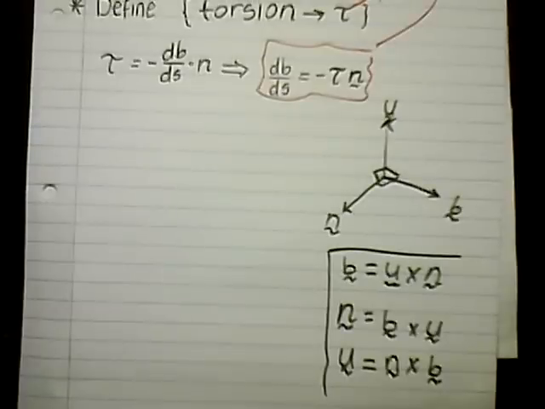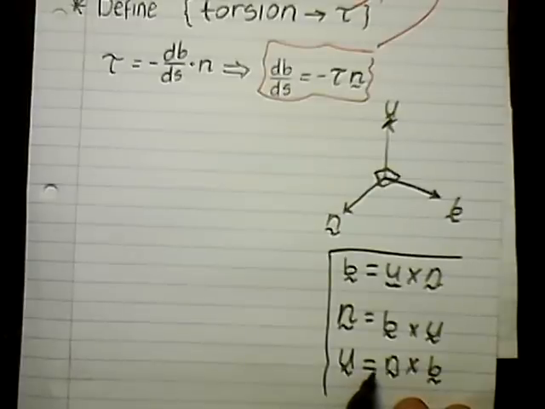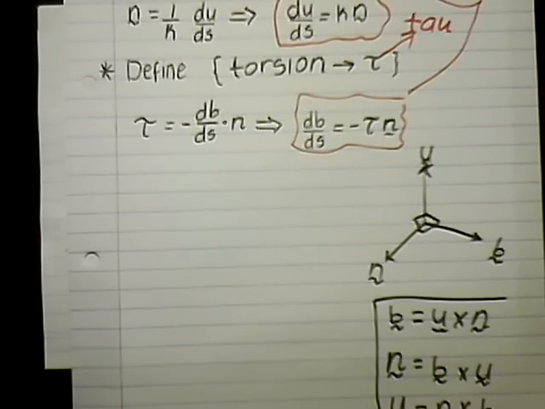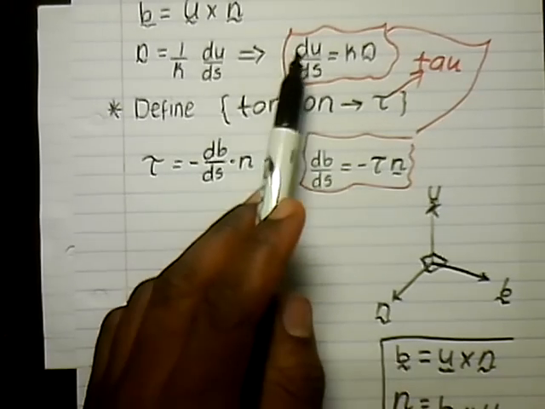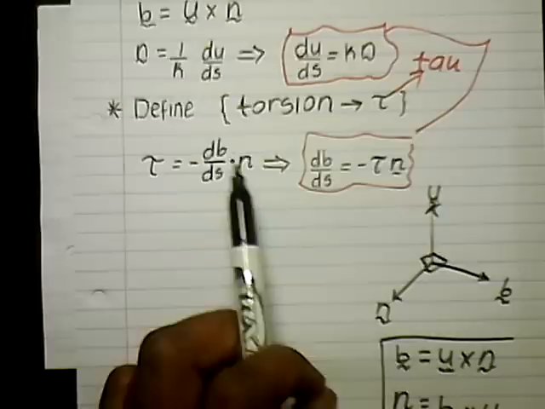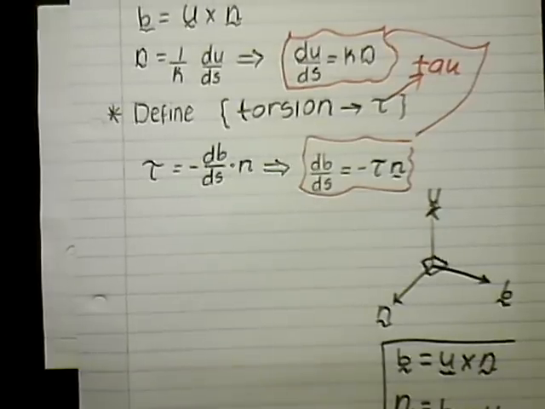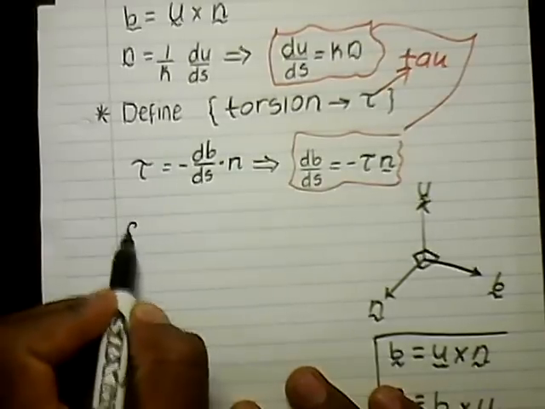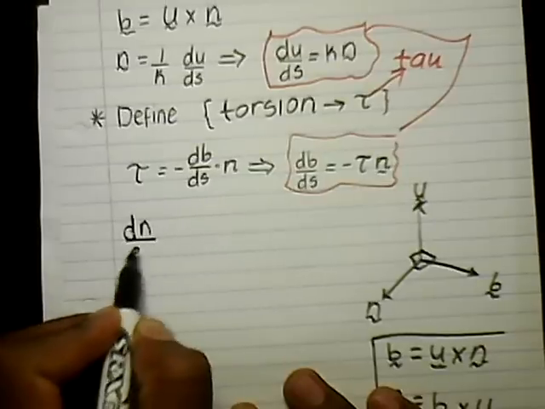Okay, I hope they're correct. Vector u is equal to n cross b, and vector n is equal to b cross u. Yeah, they're correct. Now note that we have the u ds, we have the b ds, but we don't have the n ds. That's one of the things that I'm going to do in this video. So our aim is to find the n ds.